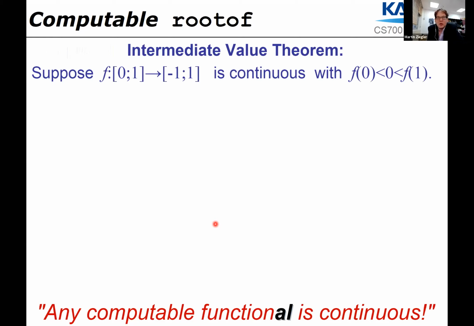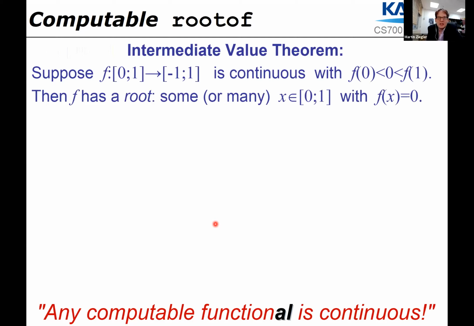It must have a root somewhere between 0 and 1. F necessarily has a root, maybe several roots, right? It could have several roots, but it has at least one argument x where the function value vanishes.